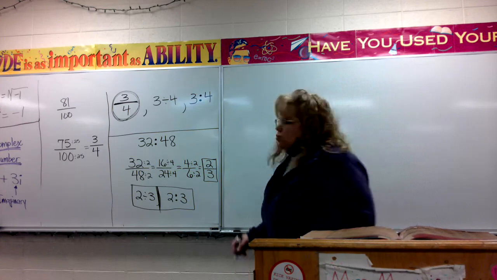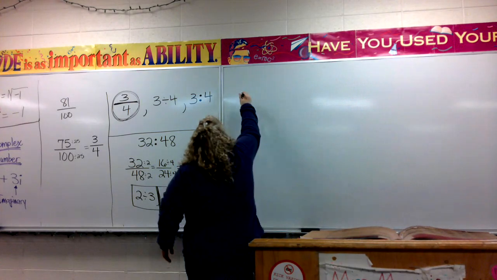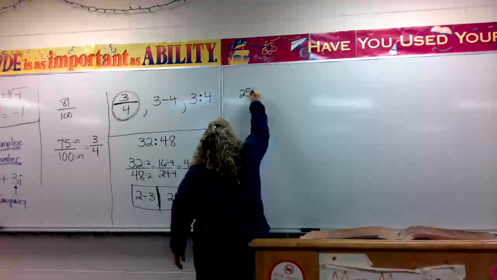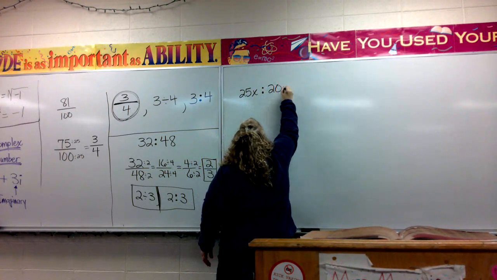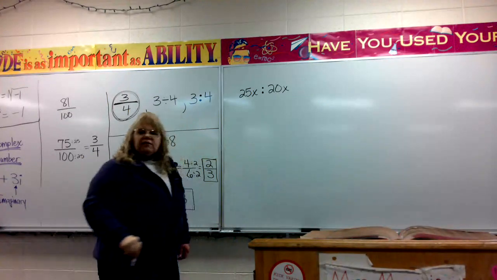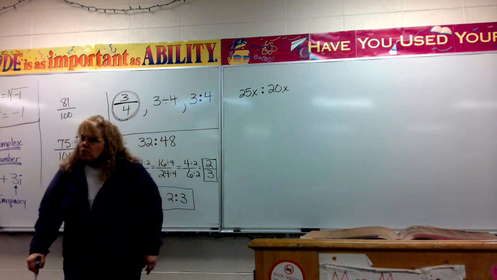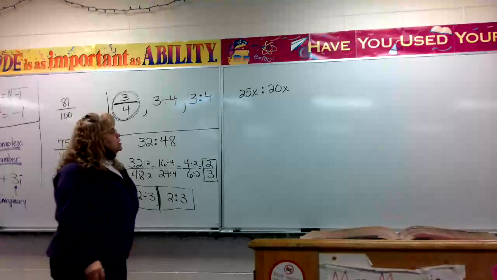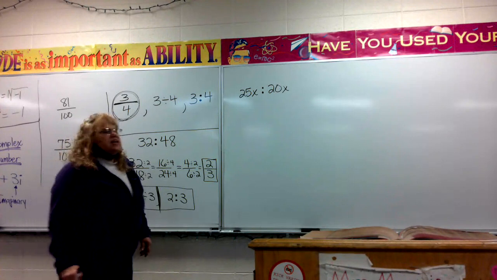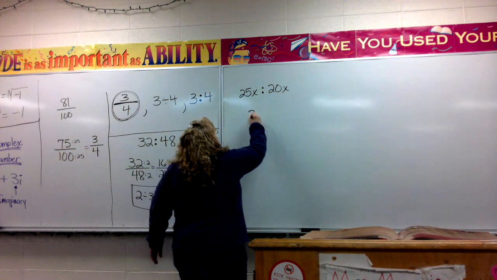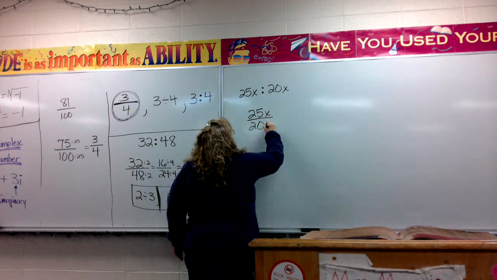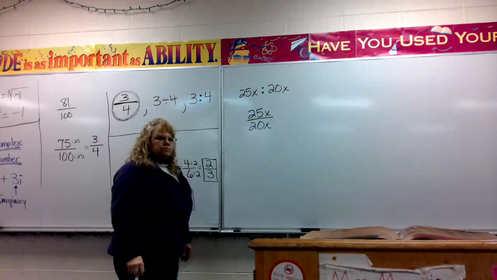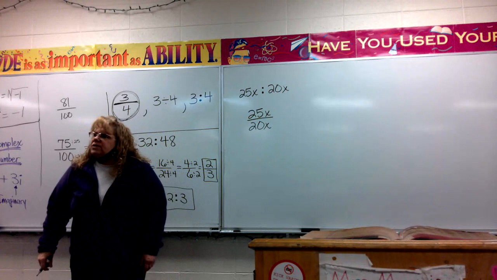How about this one? How about the ratio of 25x to 20x? Now, this is algebra, so of course they have to throw in some letters for you. But again, first thing I would do is write it as a fraction because I don't like that colon. What can you do now?